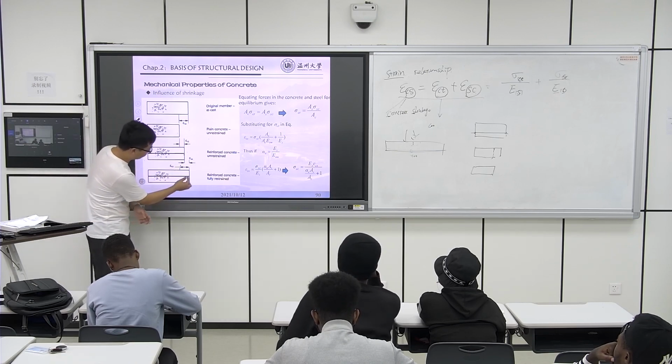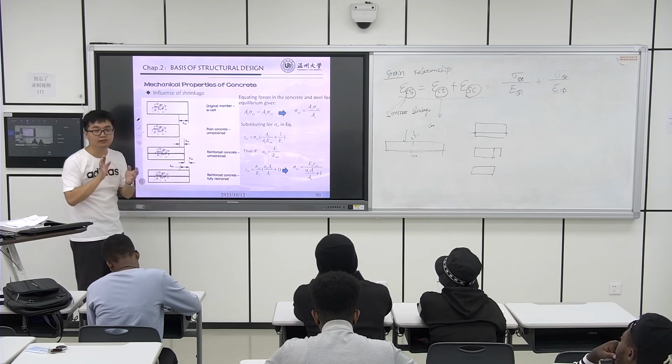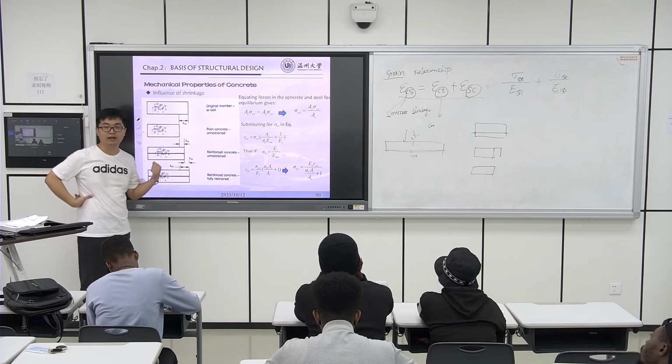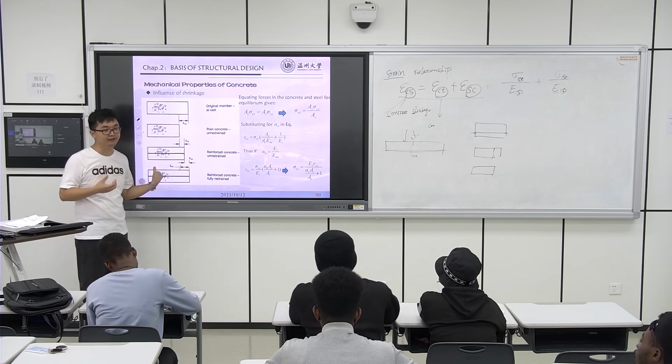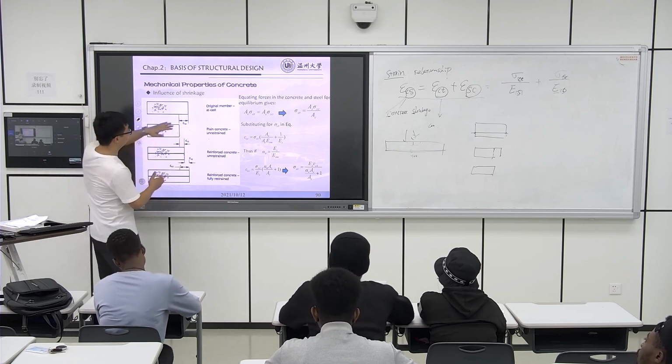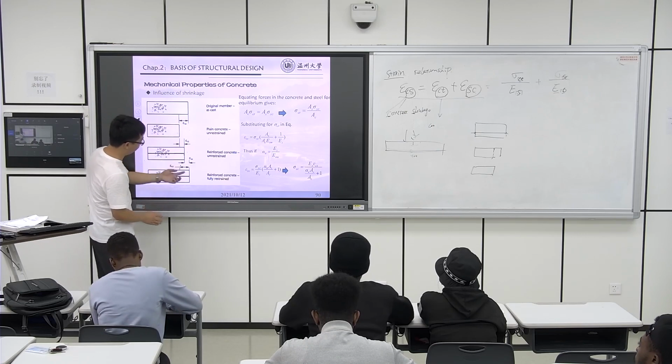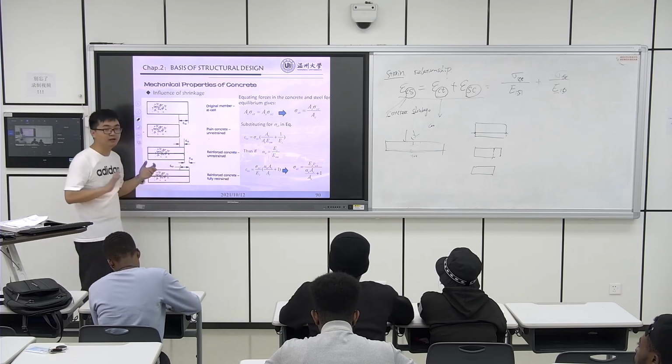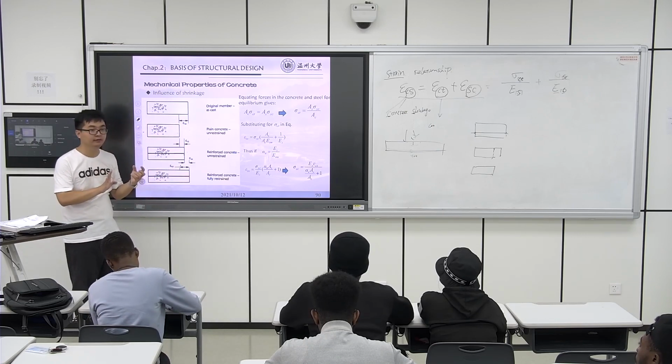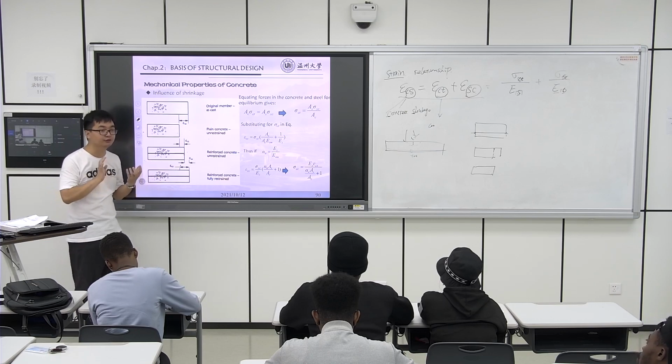This shrinkage gives a force to the steel bar. I think everyone can understand this, because the steel bar is under compression. Do not talk about the concrete yet. The steel bars are under compression.